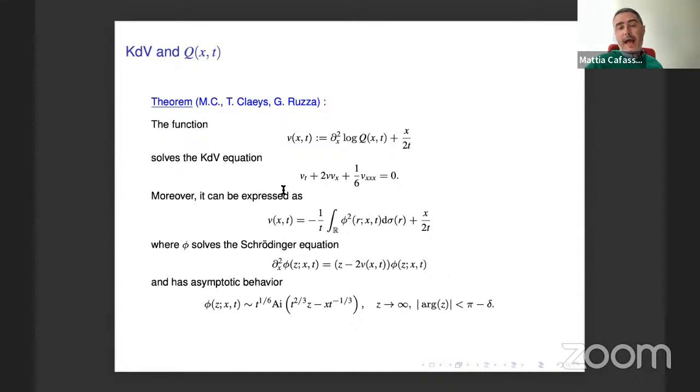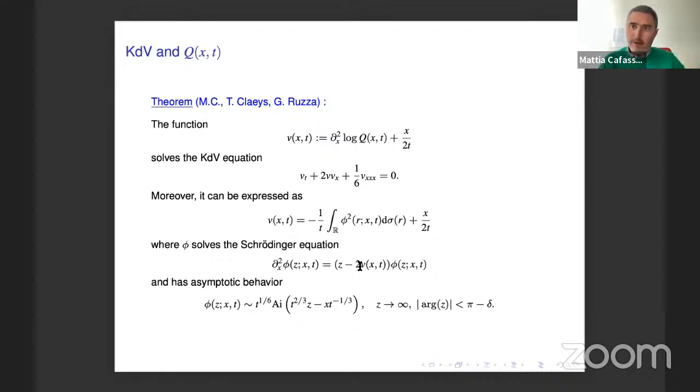Moreover, we have a little more information, because this function v can be written itself as this integral here that depends on an additional variable phi, which is just a solution of the Schrödinger equation here with the potential v.